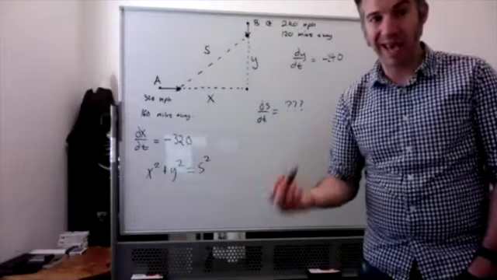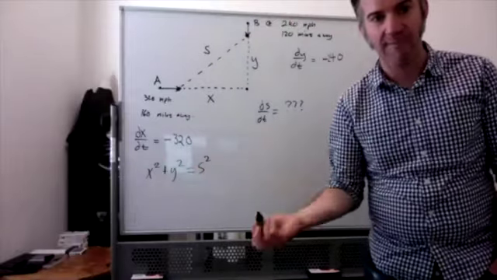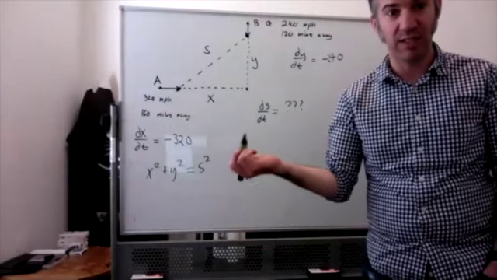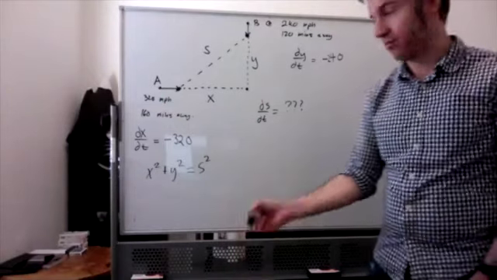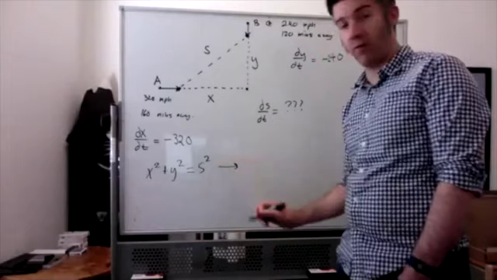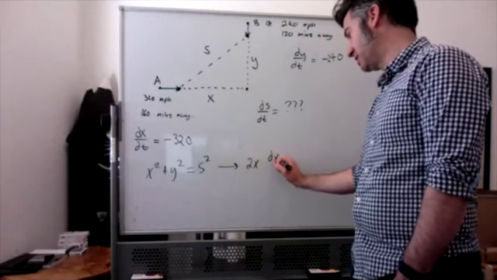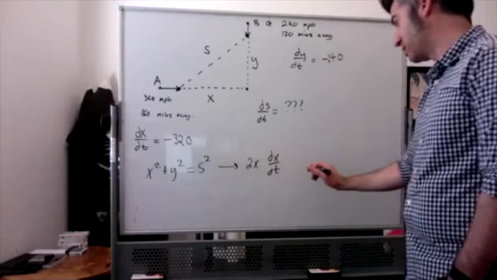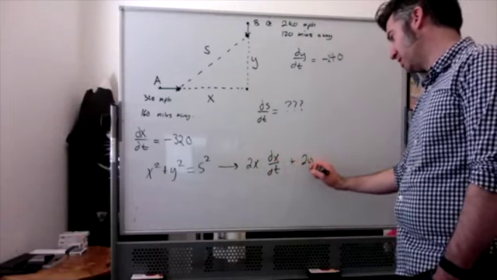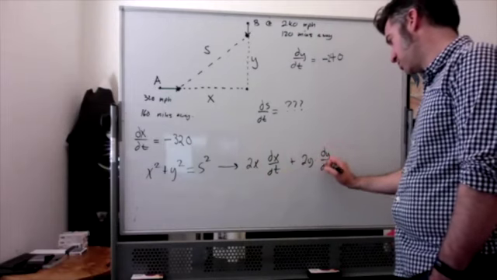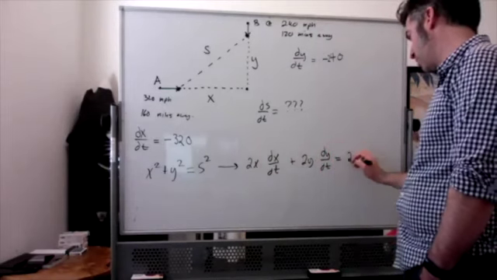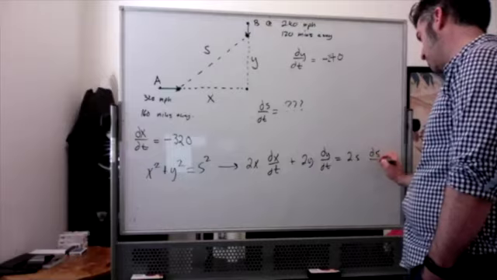We can't plug anything in until after we have differentiated both sides with respect to time. To differentiate everything, you're going to get 2x times dx dt plus 2y times dy dt equal to 2s times ds dt.